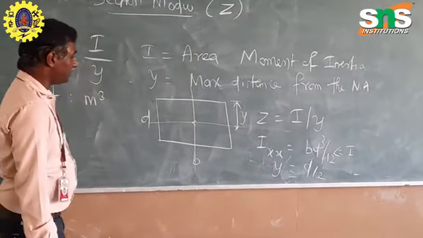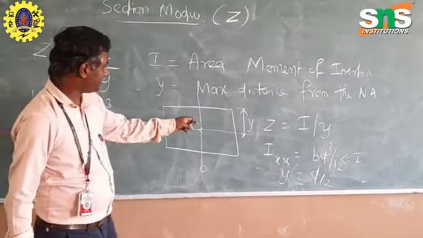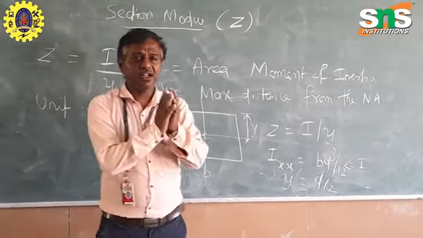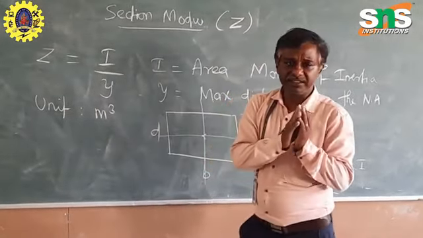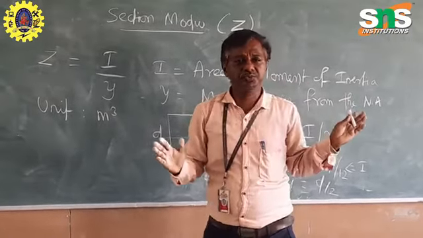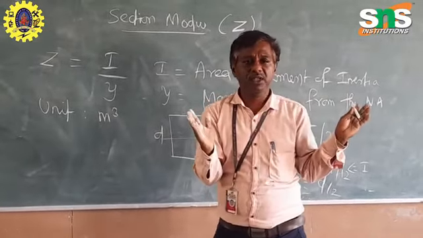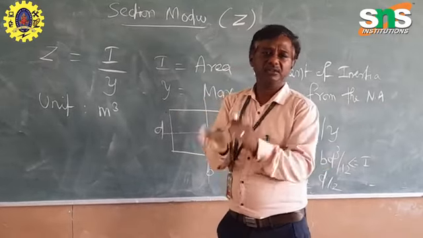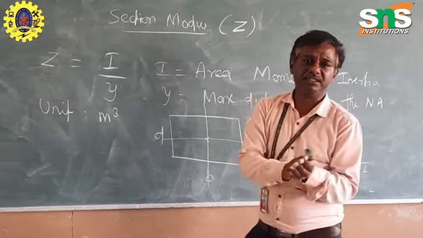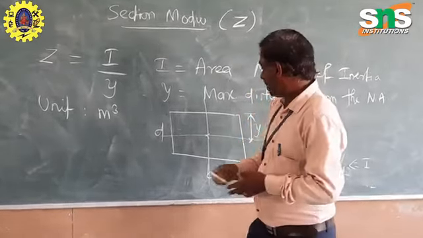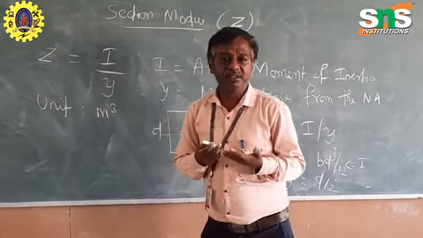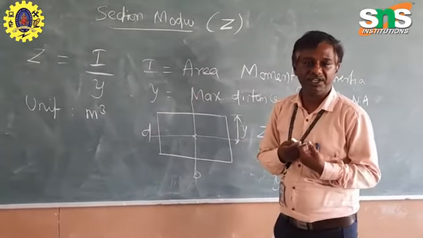Then I told you about the neutral axis. The neutral axis is the axis where a section can be separated exactly into two, and if you fold it, the two halves come together and it becomes symmetrical. That axis is called the neutral axis. And what happens to the bending stress there?